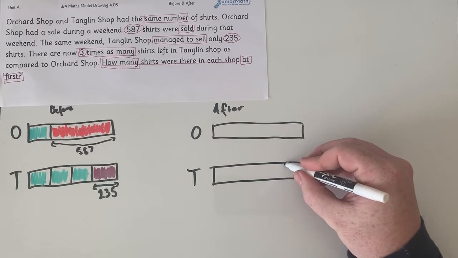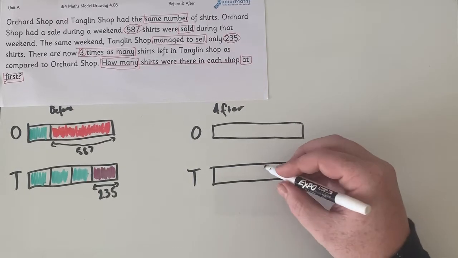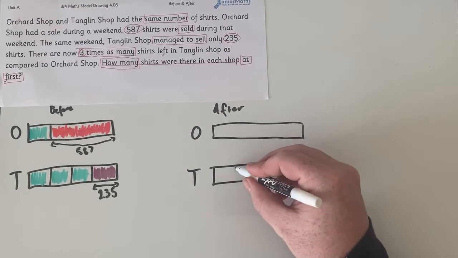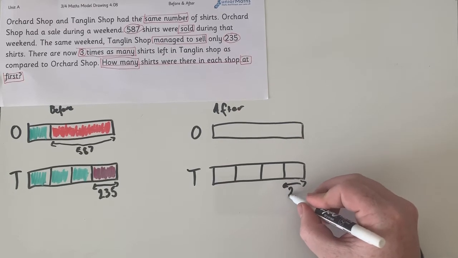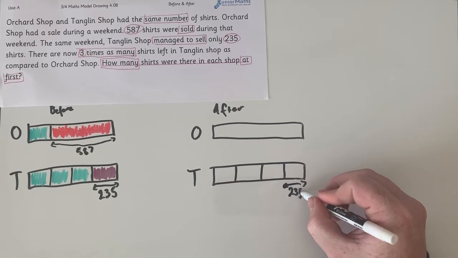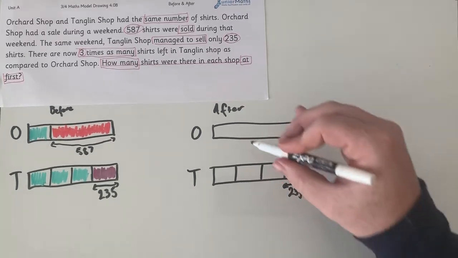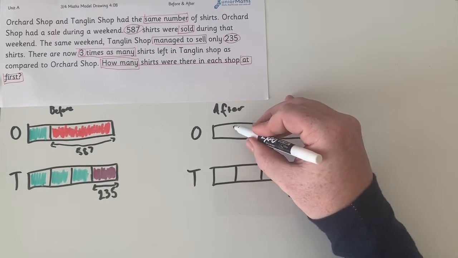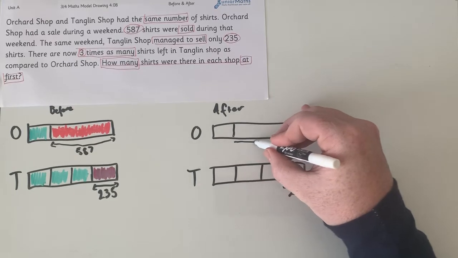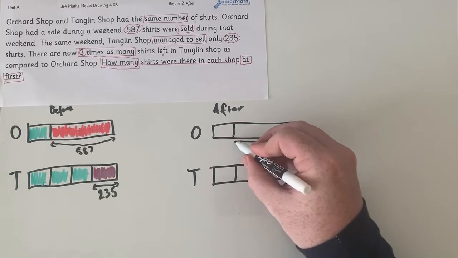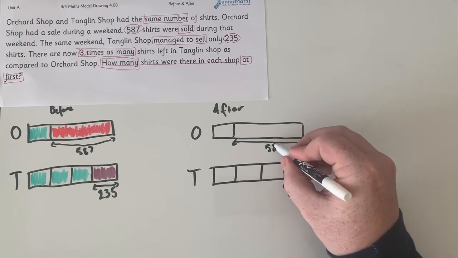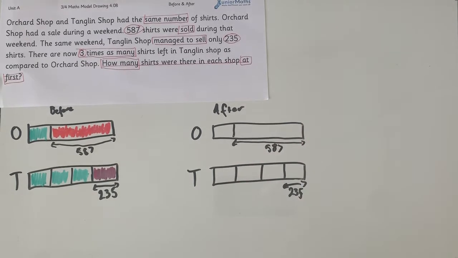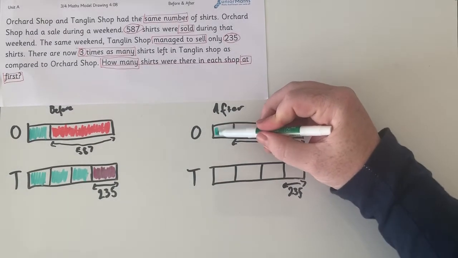So remember, Tanglin had 235. And Orchid had this amount. That was 587. I know it looks the same. So let's go with the green.